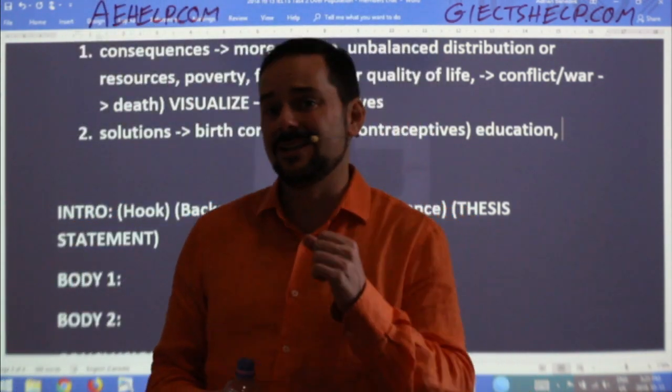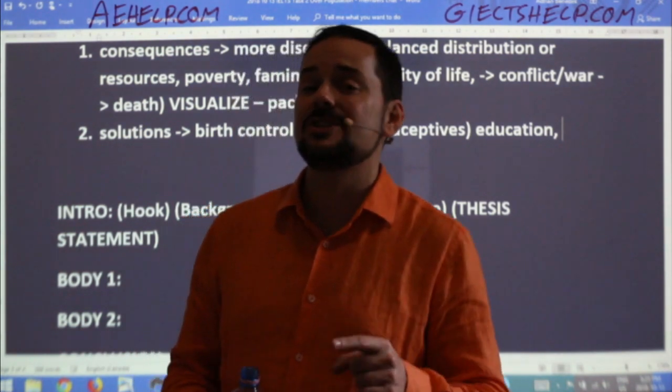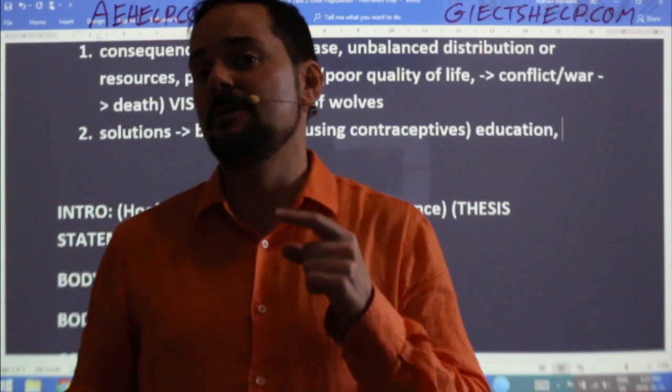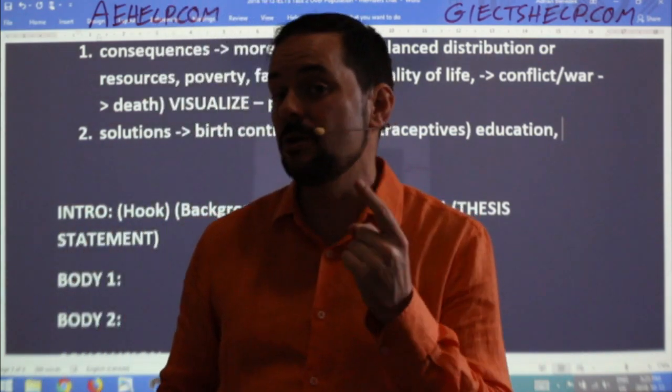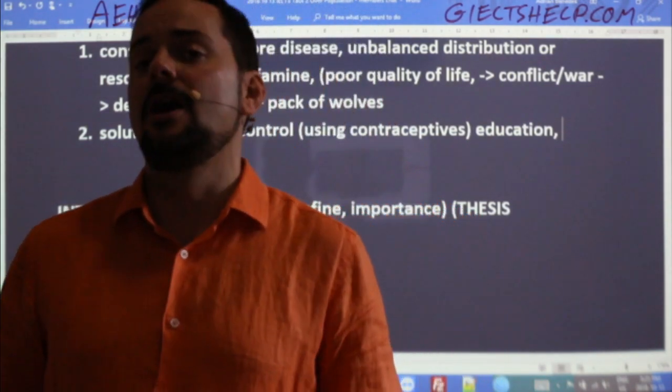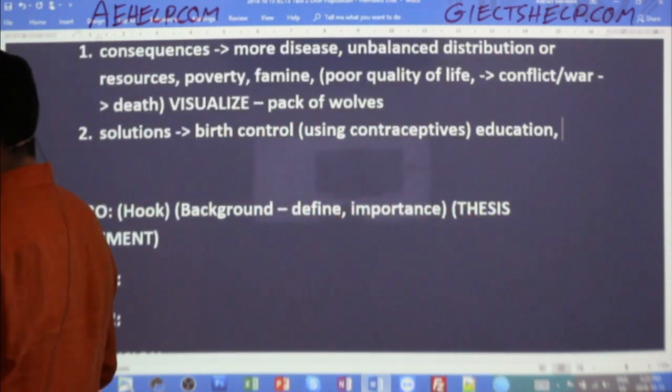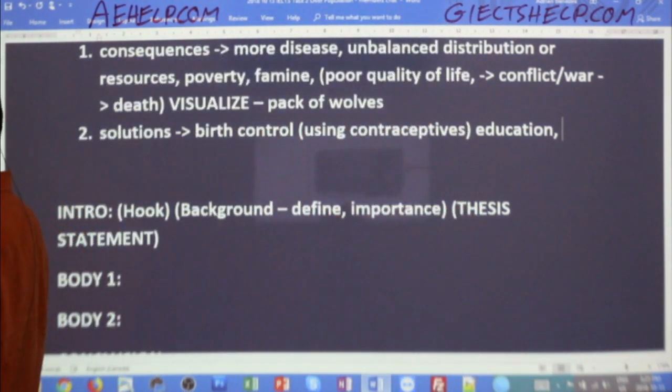So there is a statistic that if simply people just ate less meat, so instead of eating meat every day, if people ate meat just once a week, which is actually healthy, then people wouldn't be starving in the world. So we're talking about a larger solution here than just not eating meat.